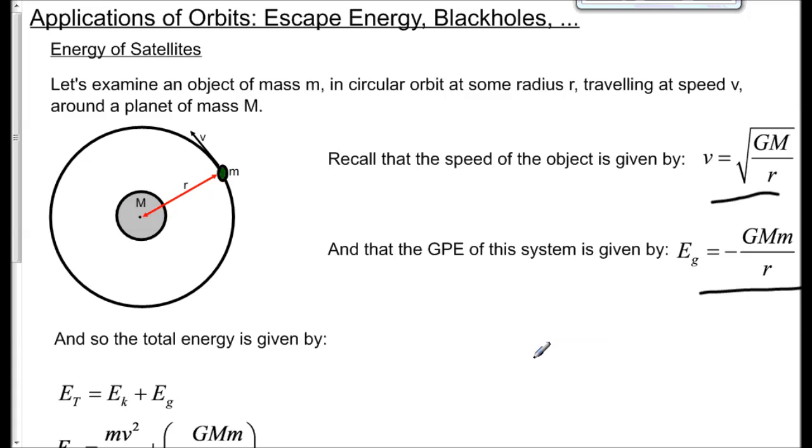And we know that the gravitational potential energy of the two-mass system is given by this expression here. So what we can do is look at the energy of this satellite. The total energy is going to be kinetic energy plus gravitational potential energy. And remember, the only force acting on this satellite is gravity, so we don't have to worry about any other types of energy.